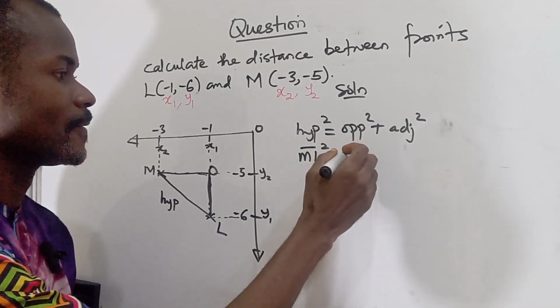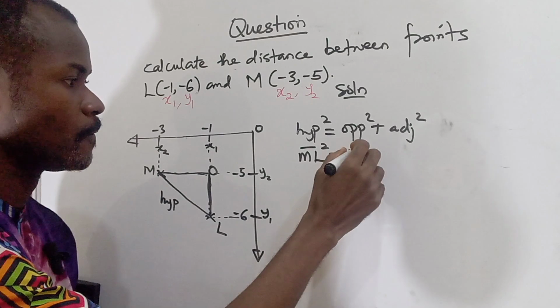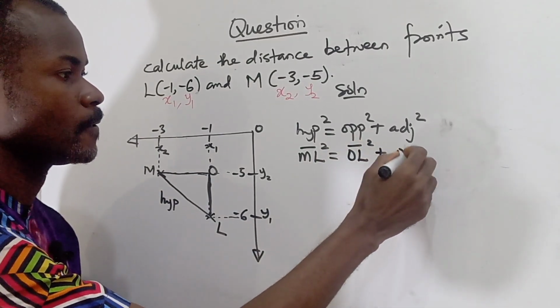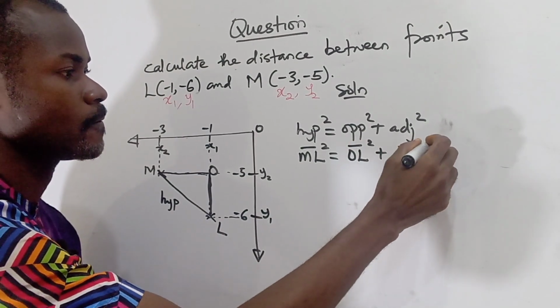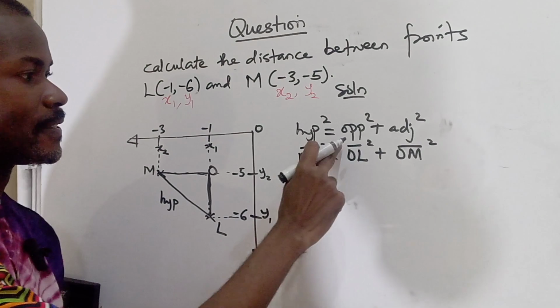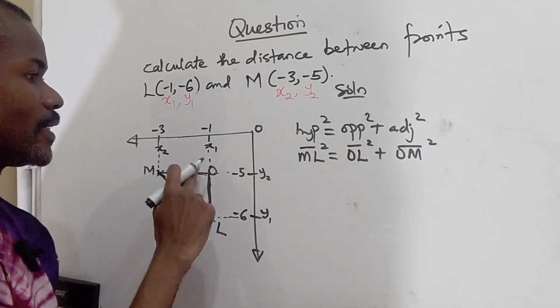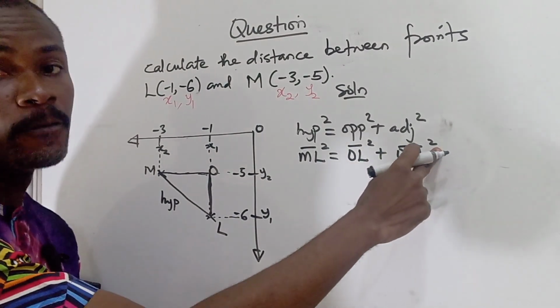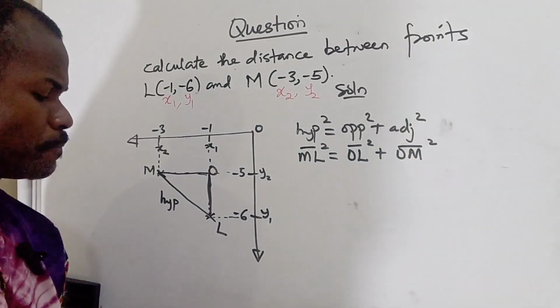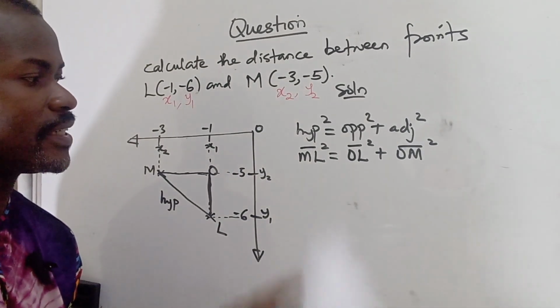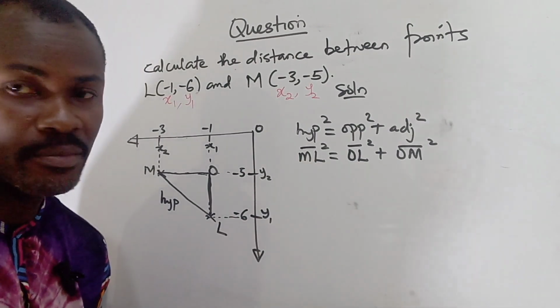So let's just say we have OL square plus OM square. So with this, we can now find the distance ML.